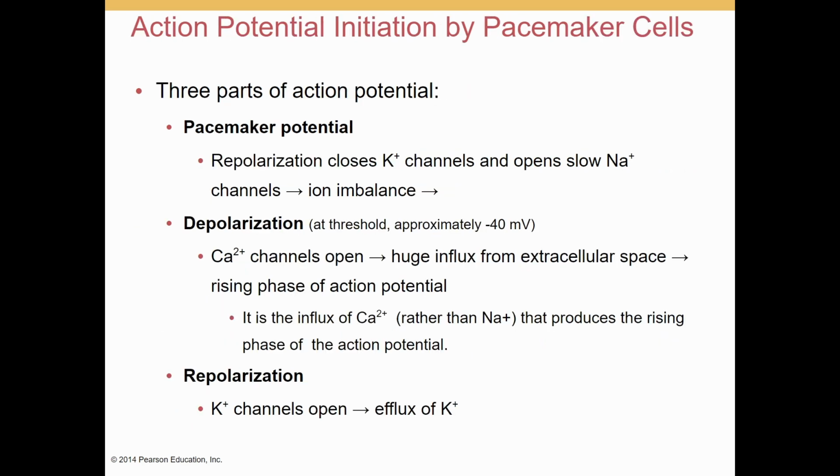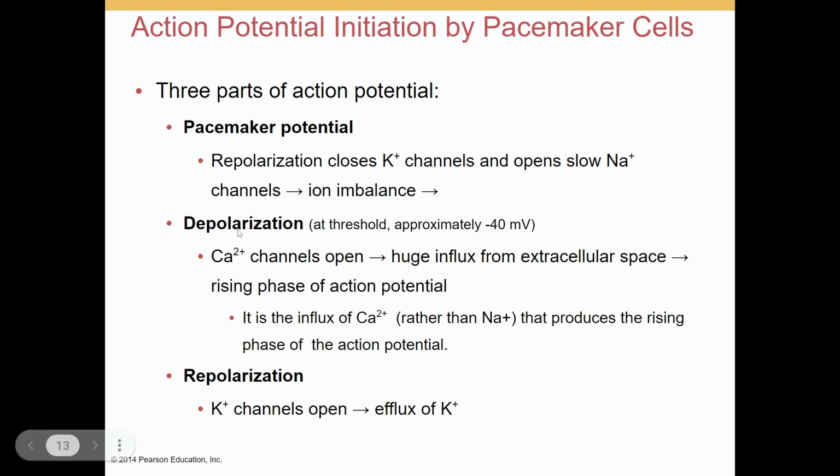So there's three parts for an action potential, especially those of the pacemaker cells. A pacemaker potential, which is going to be due mostly to slow sodium channels, which create an ion imbalance that gets close to threshold.